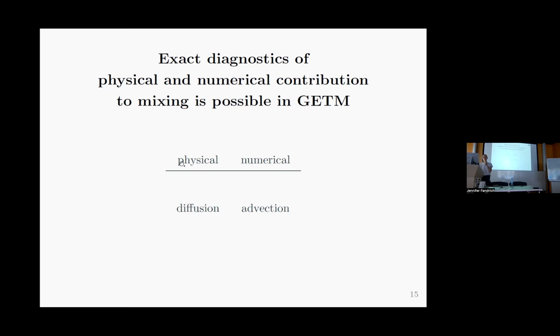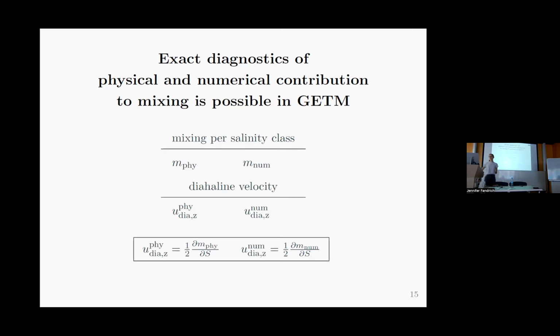So what we call the physical mixing is due to the diffusion taking place, and the numerical mixing is because of the advection scheme in the numerical model. So we can separate this, and then with this third relation that I showed you before, we can do this for the mixing on the right-hand side. But then we can also, from the right-hand side, find out about the approximate diahaline velocity, or the physical contribution to the diahaline velocity, or just a general circulation then, and the numerical contribution.